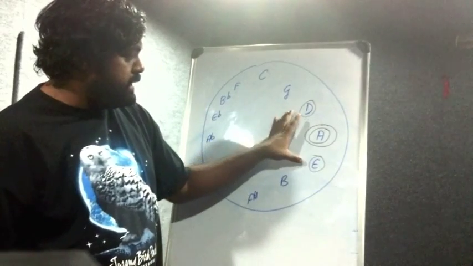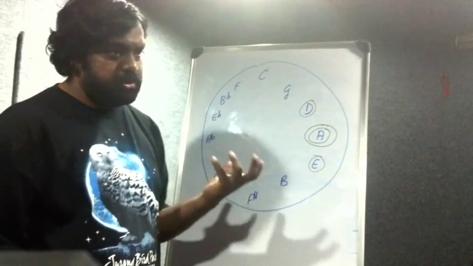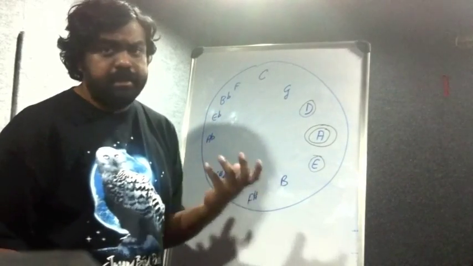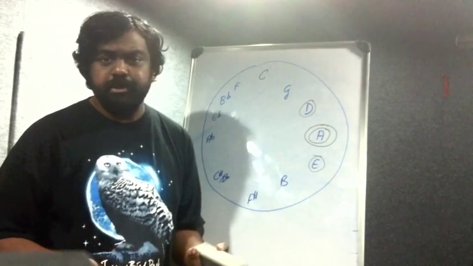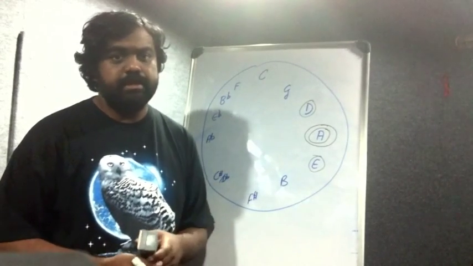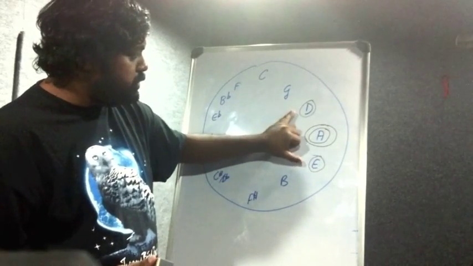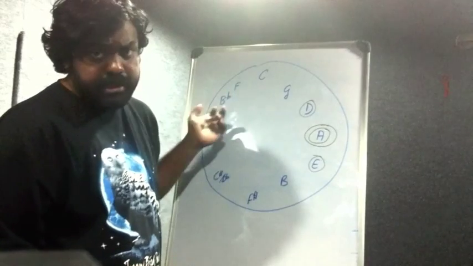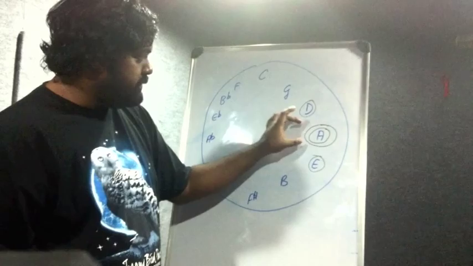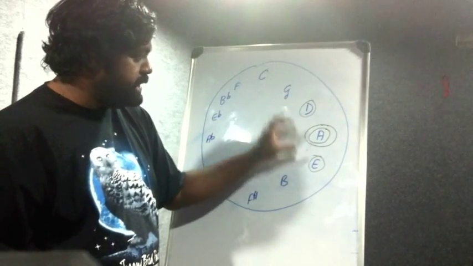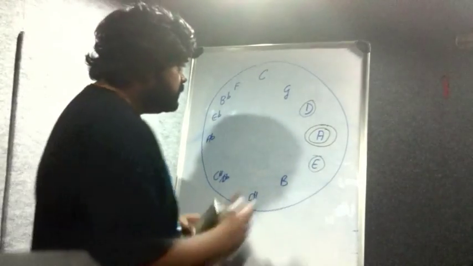So A, D and E sort of form the main or the core musical content of your composition, especially if you're writing country music or rock and roll and things like that. You tend to use these chords more often than the other ones, even though they are available for use. So in the A major scale, you have A major, D major and E major as the 3 chords which you are allowed to use, right?